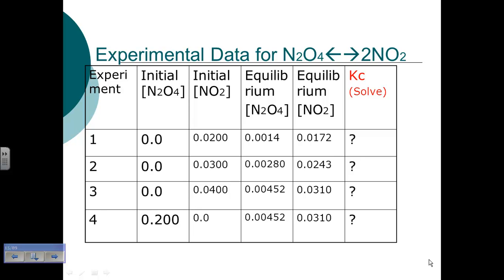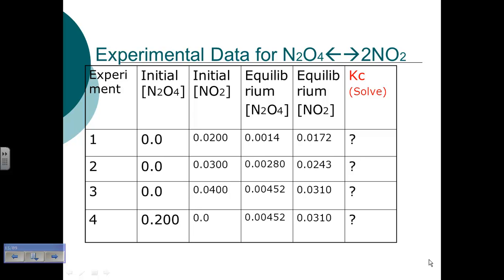I want you to take a moment with your calculator and solve for Kc for each of these 4 trials: the value of NO2 squared at equilibrium, set over the value of N2O4 to the first power at equilibrium.